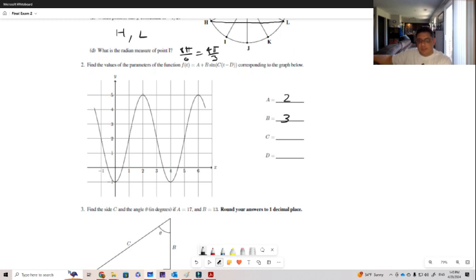This t minus d. Notice that there's a certain amount of shift that we have for the regular sine or cosine. We can also check by the maximums. The distance between maximums, notice, is 2 and then is 6. So the distance between maximums is 4. So we can know that the period is 4.